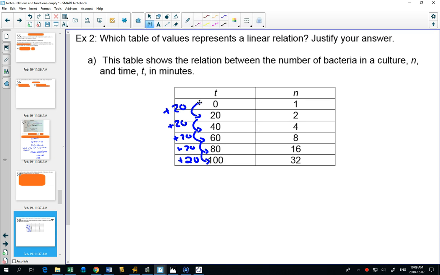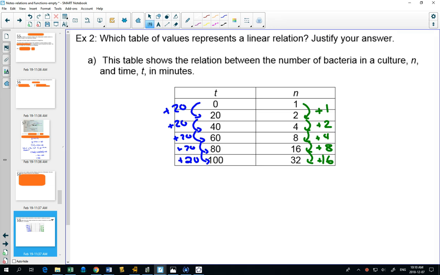Let's look at our dependent variable. How much am I changing here? Plus 1, and now I'm going plus 2, and now I'm going plus 4, and now I'm going plus 8, and then plus 16. Whew. The amount I'm adding each time is not constant.